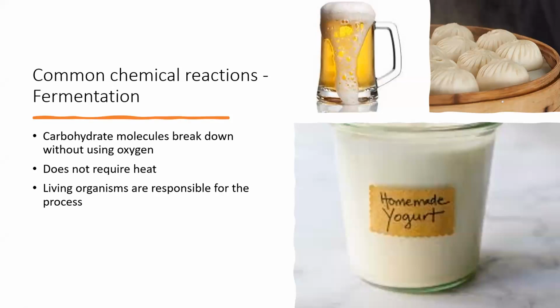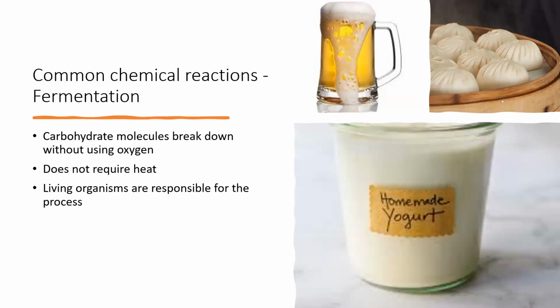First is fermentation. That's when carbohydrate molecules break down without using oxygen, and they usually don't require heat, or sometimes you put the stuff at 37 degrees, a little hot but not very heated, to have the fermentation happen. Living organisms are responsible for this process.